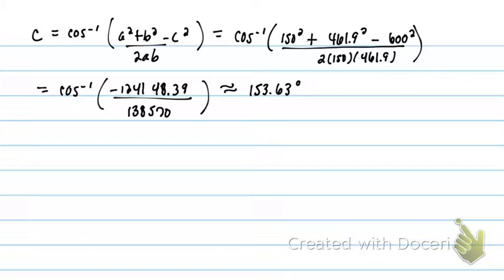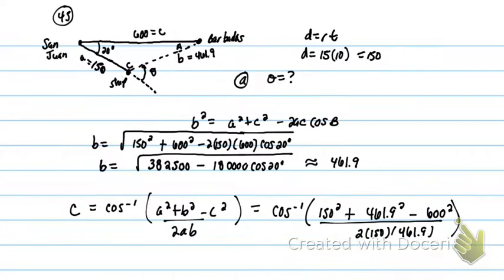So let me just stress this. This is the best way to do the problem, because once you've got all the sides, of course you can get whatever angle you need with law of cosines, and you need C, because C plus theta plus C is how much? 180. Do you guys see it? And so then you can get your theta and you can figure out what you need to turn.